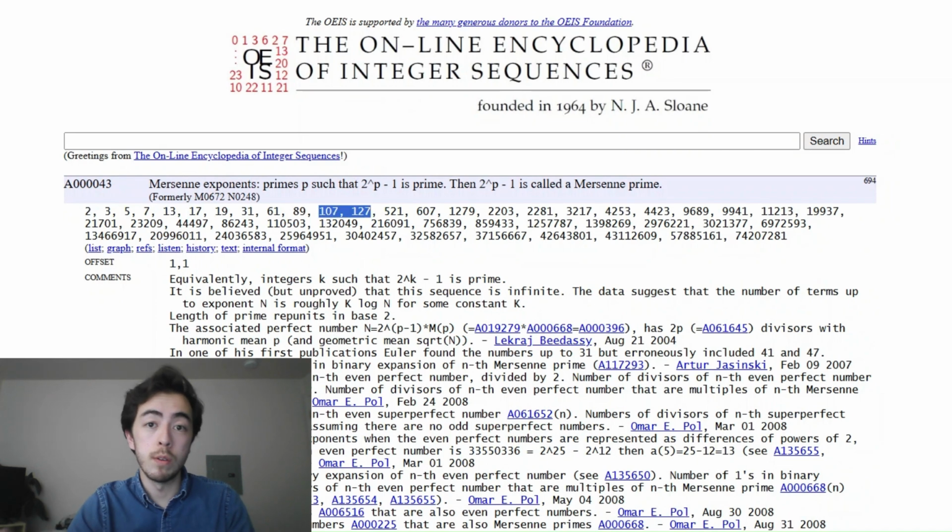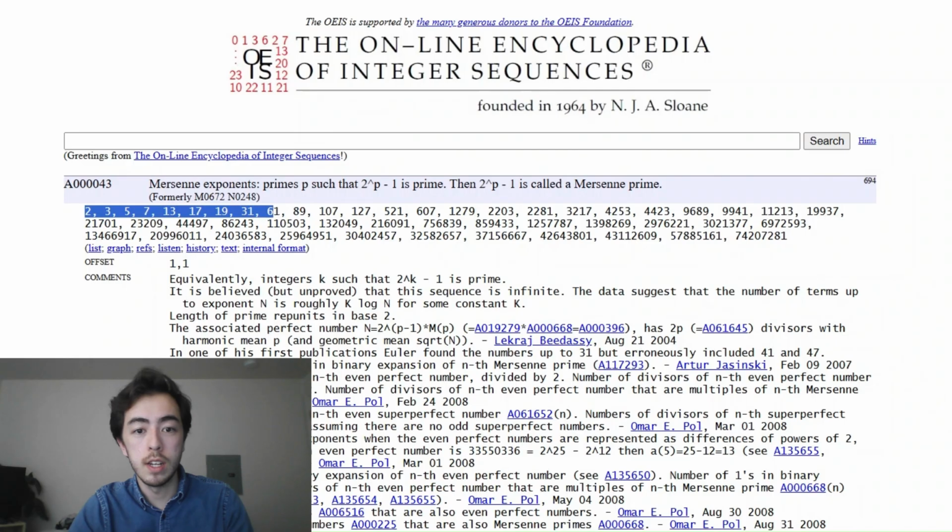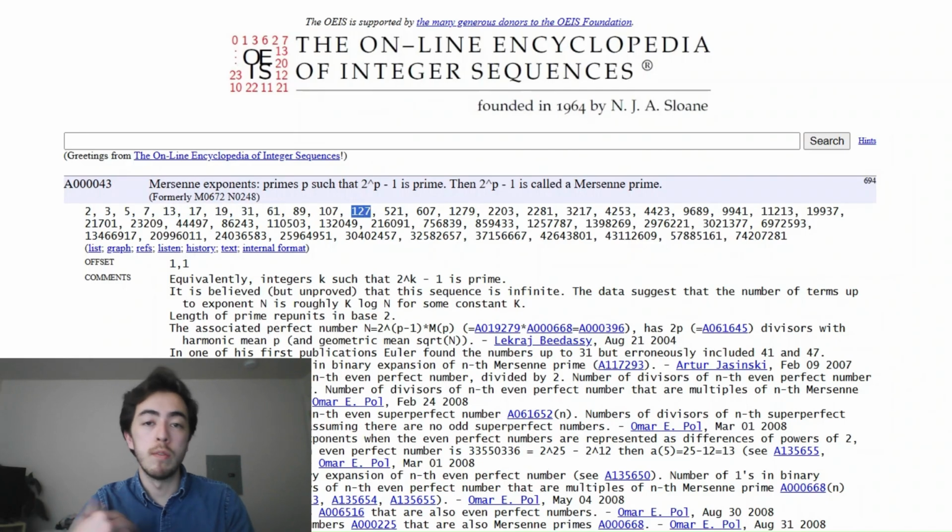They both do show up on this list. And so this shows me that 107 and 127 are both valid exponents to get a Mersenne prime. Also here I can see, I'm just counting how many primes there are. That's 1, 2, 3, 4, 5, 6, 7, 8, 9, 10, 11, 12. So the exponent of 127 corresponds with the 12th Mersenne prime.